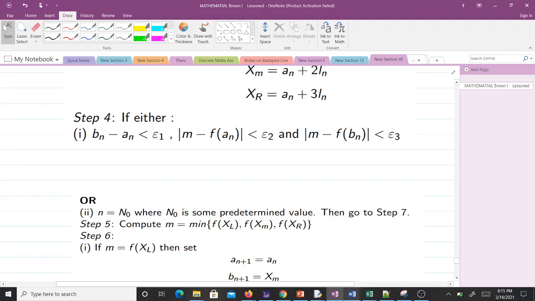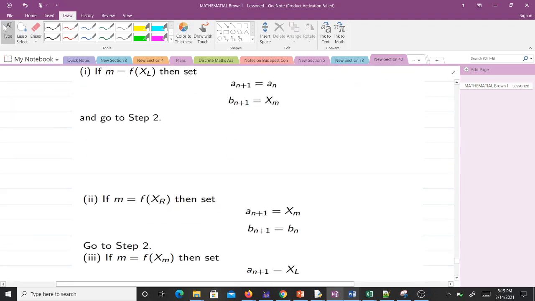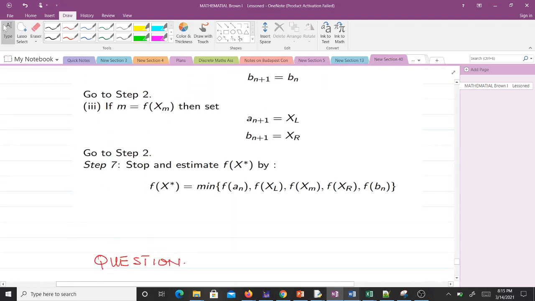And this is what step 7 says: we stop and we estimate f star by this formula here. Don't worry, as we solve an example you will realize that the algorithm is very simple.